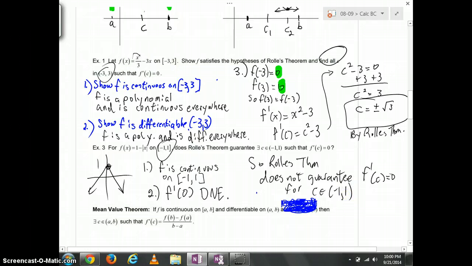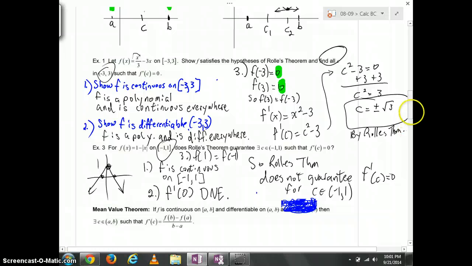So even though the third condition is met too, I think it's important for us to realize the third condition, f of 1 would equal f of negative 1. Both of those would equal 0 if you really think about it. The fact is, once you fail one of those 3 hypotheses, one of those 3 criteria, the game's over for using Rolle's theorem. We can't guarantee that that's going to hold true.